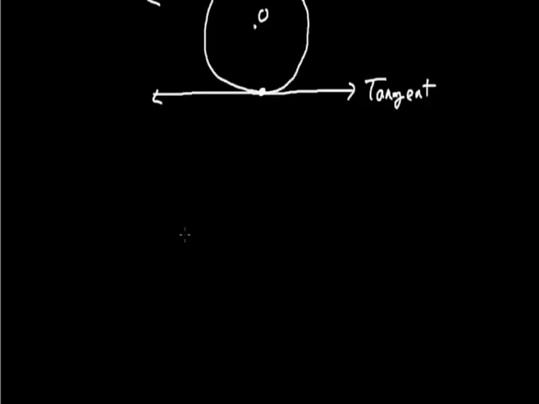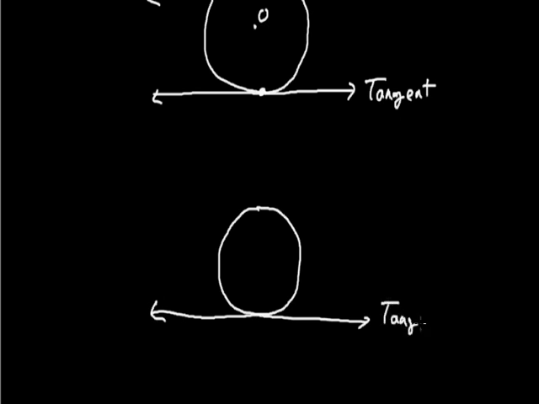One more important thing about the tangent is this. This is our tangent. Now this is the radius, the center of the circle is O, and this is the point of contact. When we connect this point of contact to the center, this line is always perpendicular to the tangent.